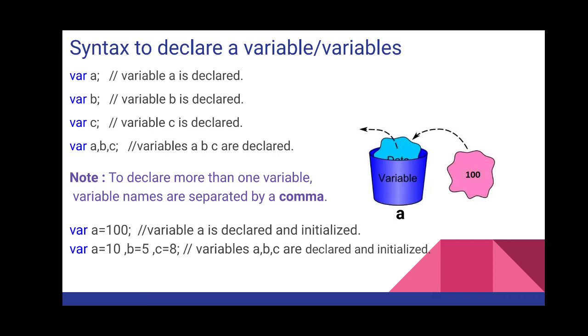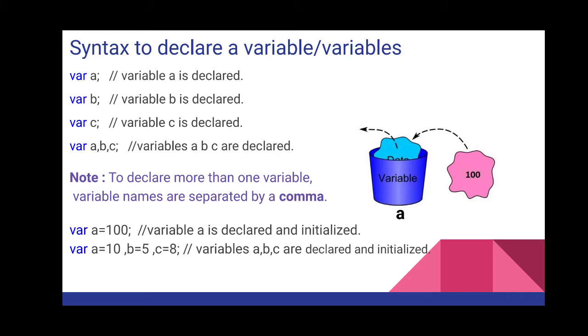Again, on the second line you can see multiple declaration and initialization. Now in this second line you can see var a equal to 10, comma b equal to 5, comma c equal to 8. So here in this particular line you are again merging two steps, that is declaring multiple variables as well as initializing them with some data.